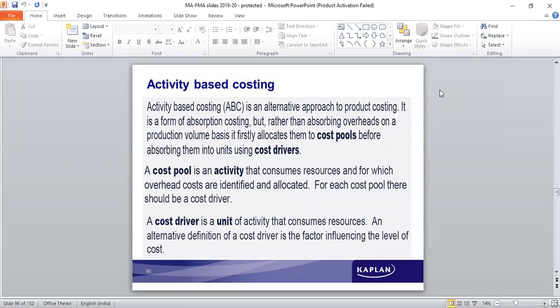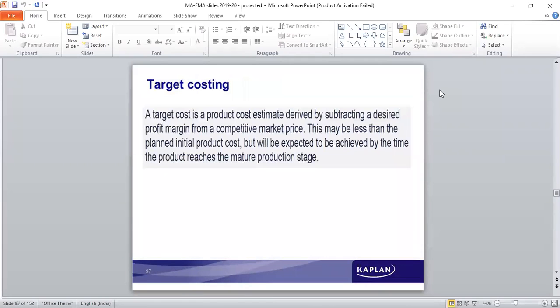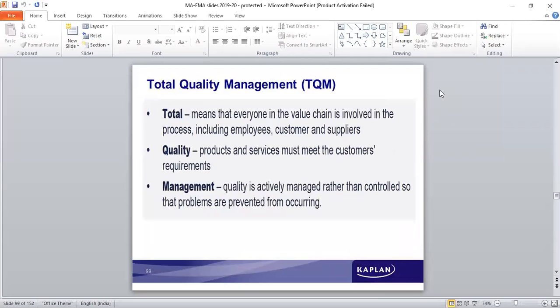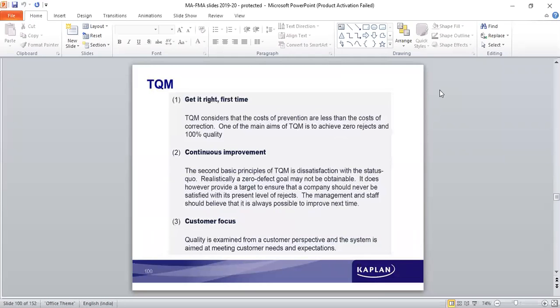Under alternative costing principles, first one we have activity based costing, then we have target costing, then product life cycle costing, TQM.